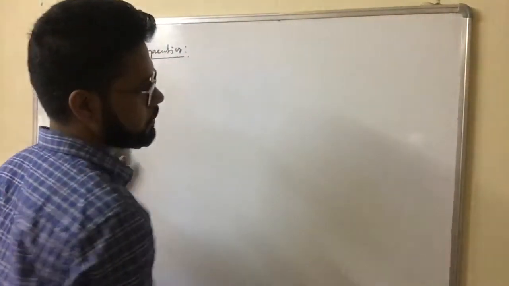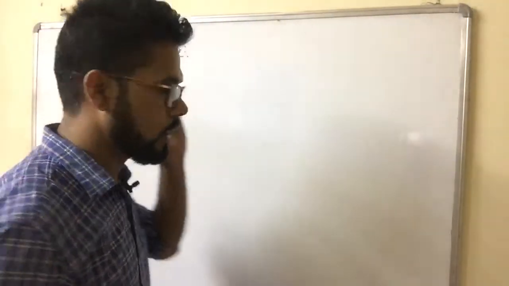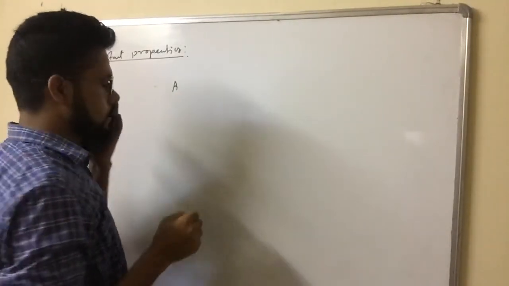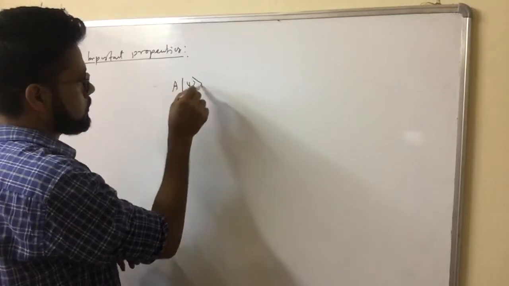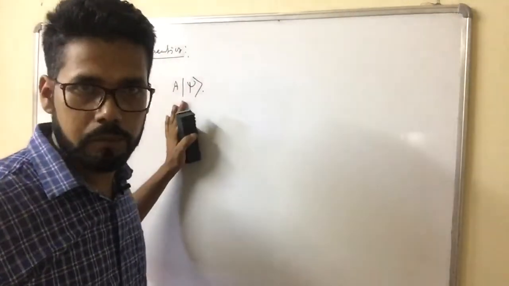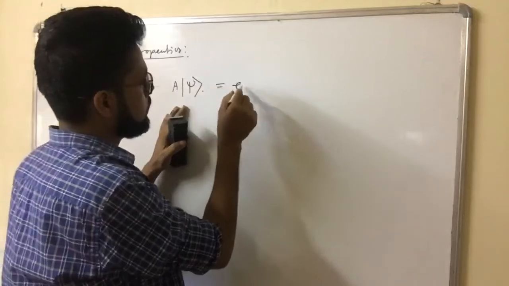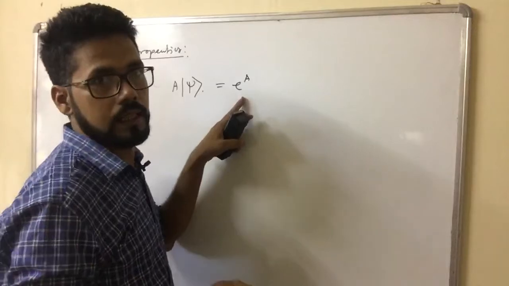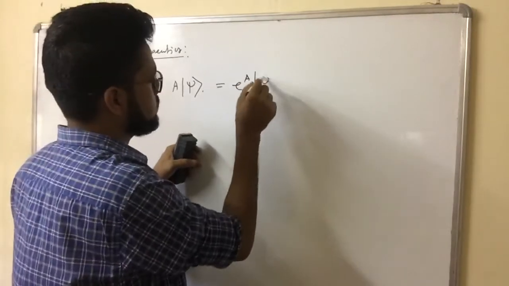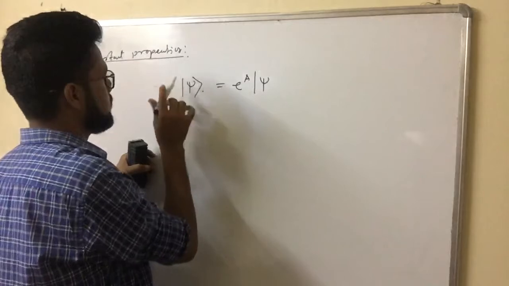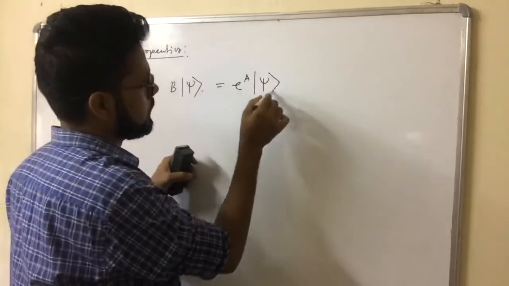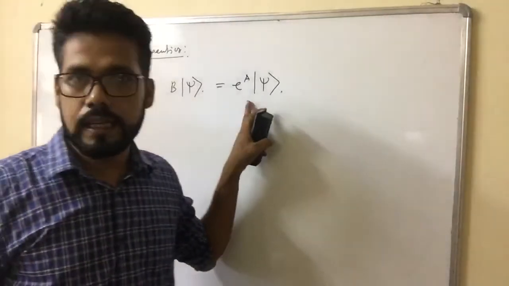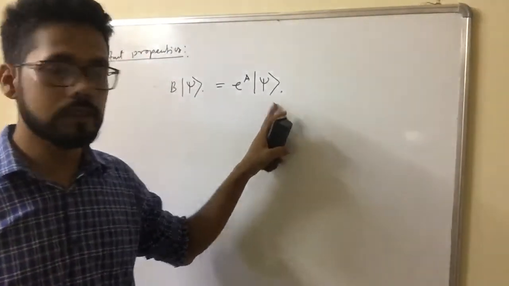Suppose another example of operator calculation, I am giving you. Suppose A is an exponential operator, e to the power a. Then suppose I write a b operator, it will be better. So b is an exponential operator.